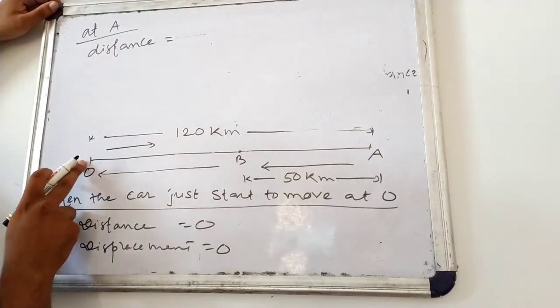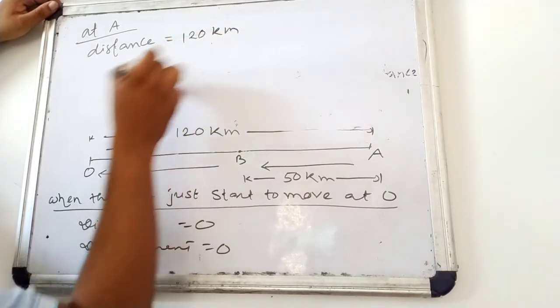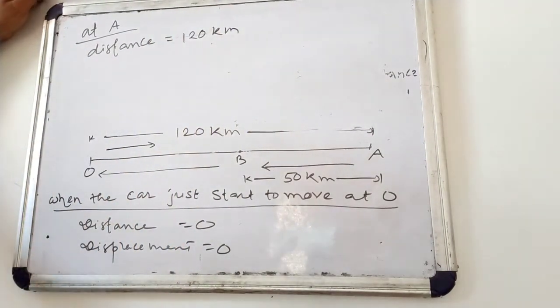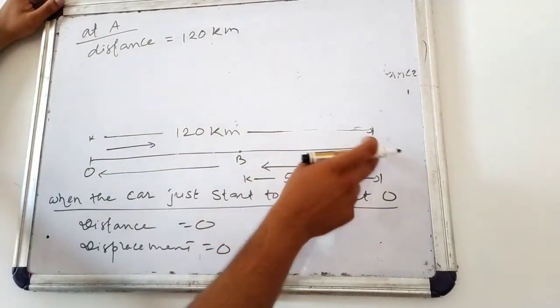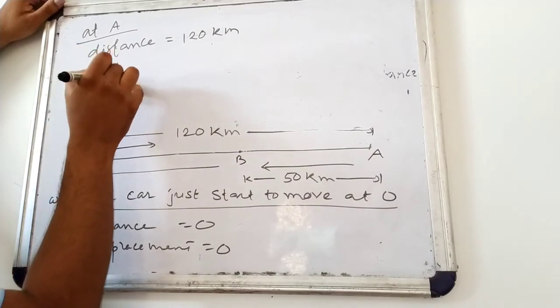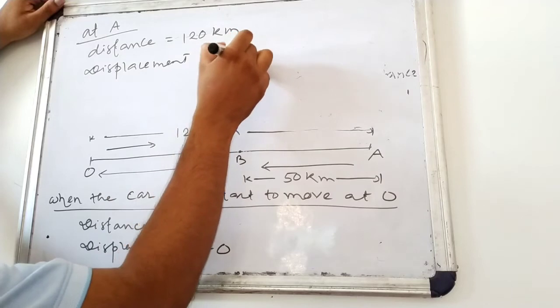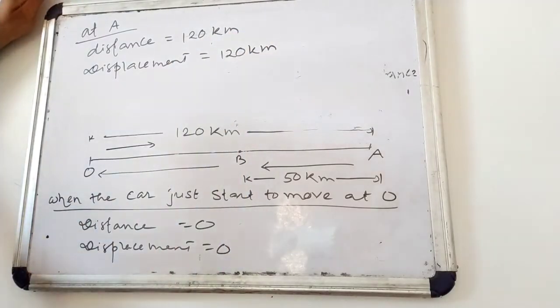So from point O to point A it travels a distance of 120 km. And displacement is the distance between initial and final point. Initial point is O, final point is A. So the distance between them is also 120 km. So in this case, distance and displacement are same.